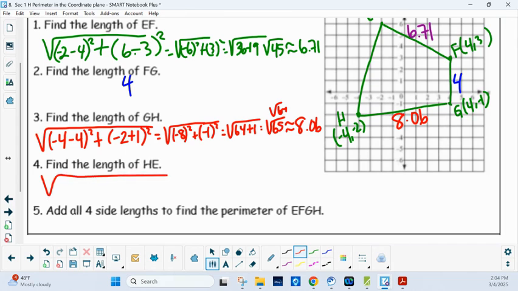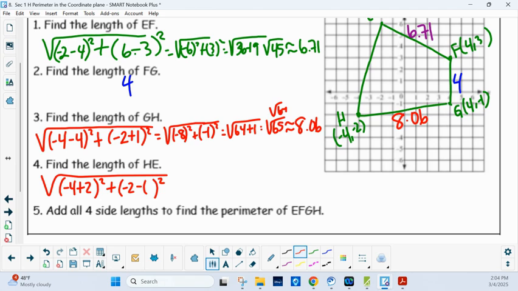Final side, let's get it. HE, H to E. Emery, tell me the X's we gotta have for HE. Which other order do you want to go in? Plus 2. Okay, so she did go H to E, so we'll go H to E on the Y's. Then give me the Y's going H to E. -2 minus -2?